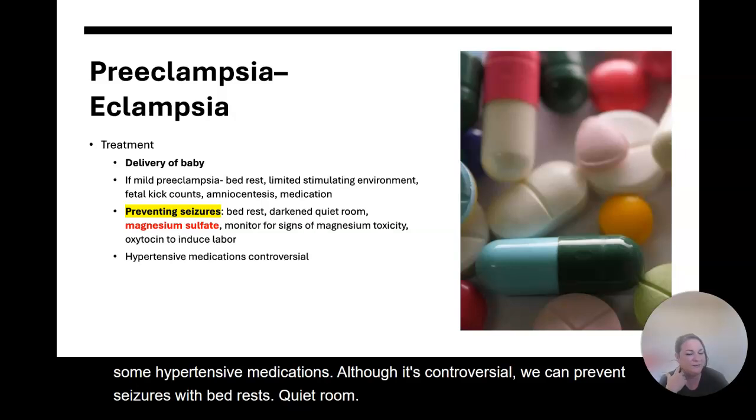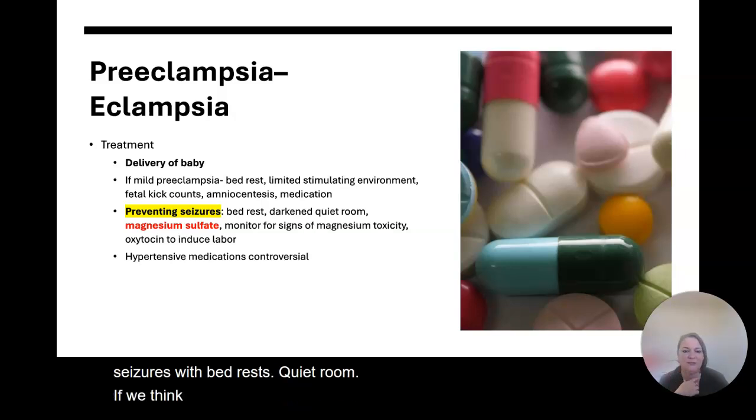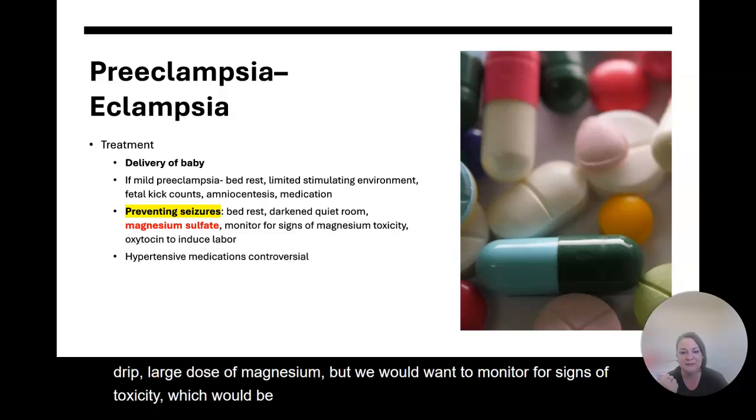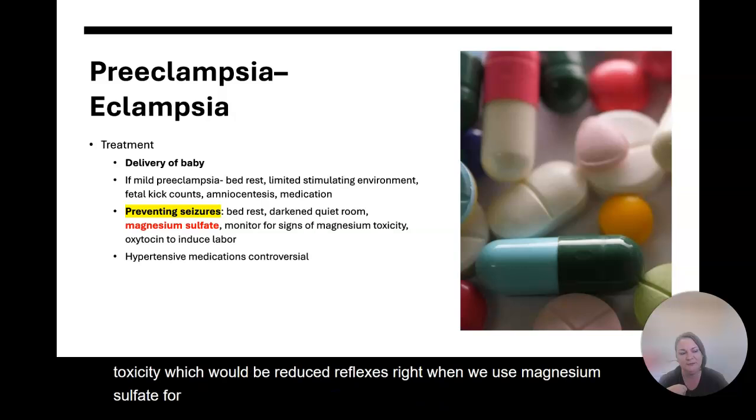If we think we're close to seizure, we could give magnesium sulfate in an IV drip, large dose of magnesium, but we would want to monitor for signs of toxicity, which would be reduced reflexes, right? When we use magnesium sulfate for either preterm labor or preeclampsia, we give a large bolus.